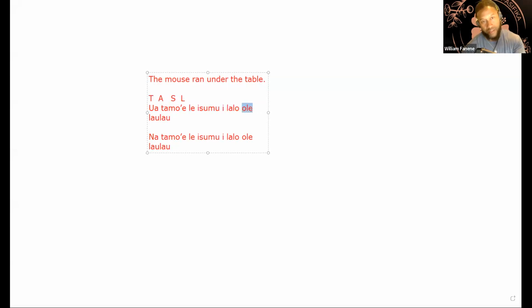You'll see ole spelled like this, and it could be like that either way. So ilalo, ole lalo, under, beneath, whatever other words you have for under in English that translates to ilalo, and then ole lalo, under the table. So this is the mouse ran under the table.